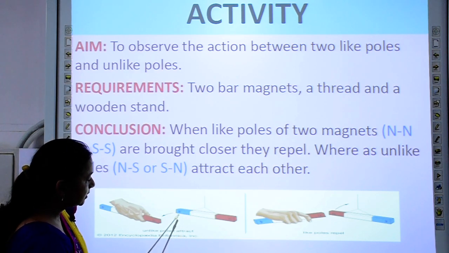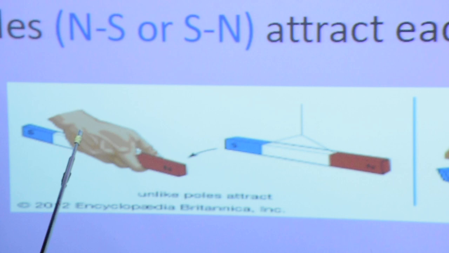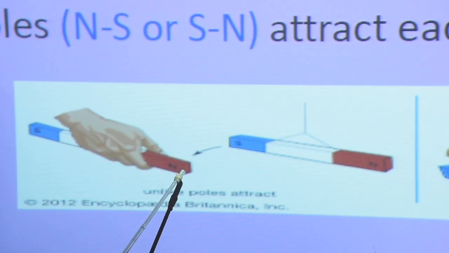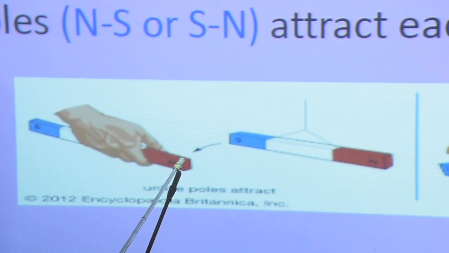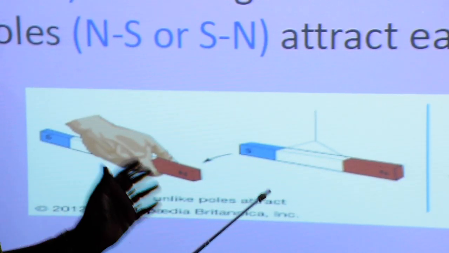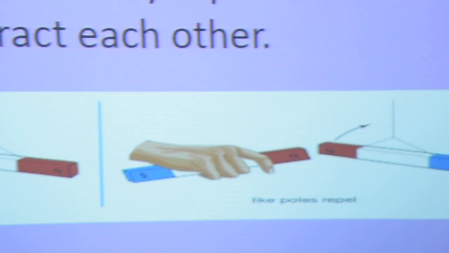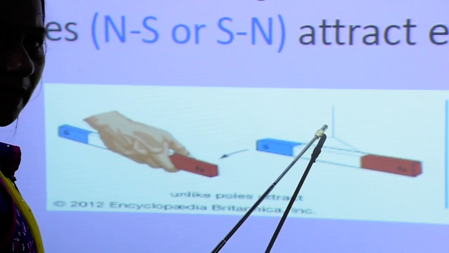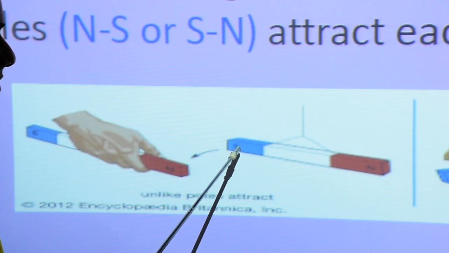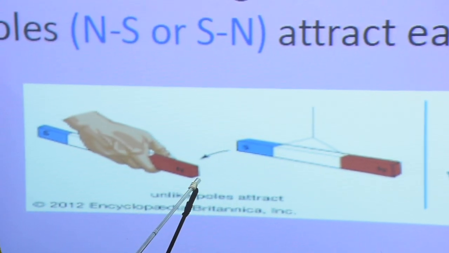When we bring the south pole of the hung bar magnet near the north pole of the bar magnet in our hand, we see that these two are unlike poles and they attract each other.